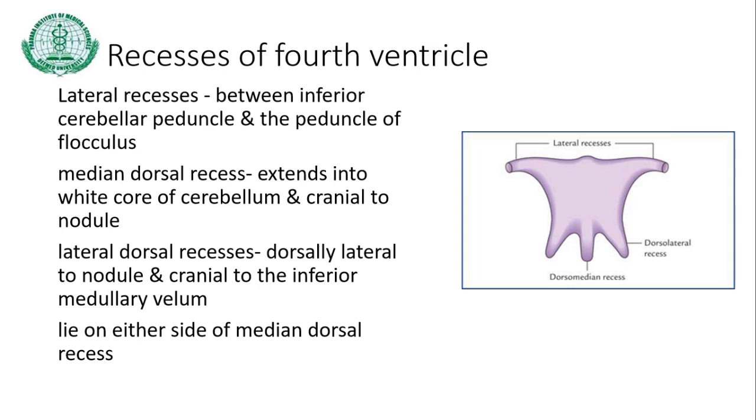Now moving on to the recesses of the fourth ventricle: it has 5 recesses, 2 lateral recesses, 1 dorsomedian recess and 2 dorsolateral recesses. The lateral recesses lie between the inferior cerebellar peduncle ventrally and the peduncle of the flocculus laterally.